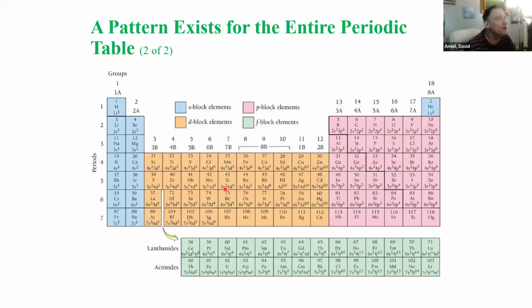Gold also steals one, whereas tungsten does not. I do not know why. That is beyond the scope of the course. But I just want you to be aware of these exceptions: chromium, copper, and then also silver and gold. Those are the exceptions that I would like you to know.